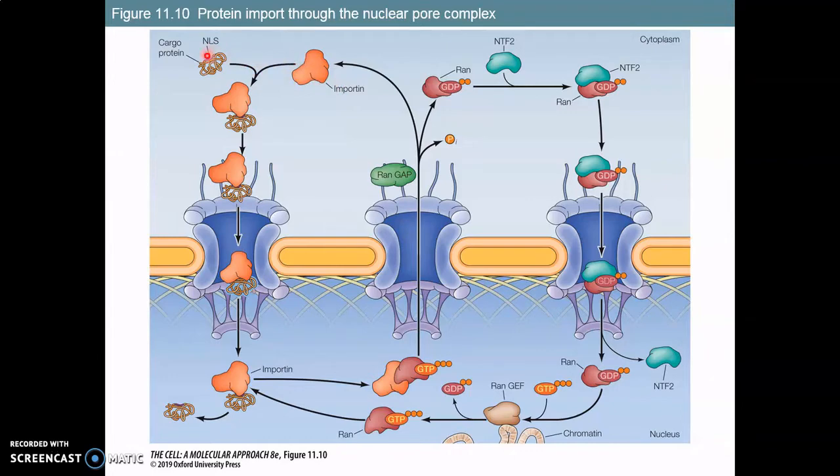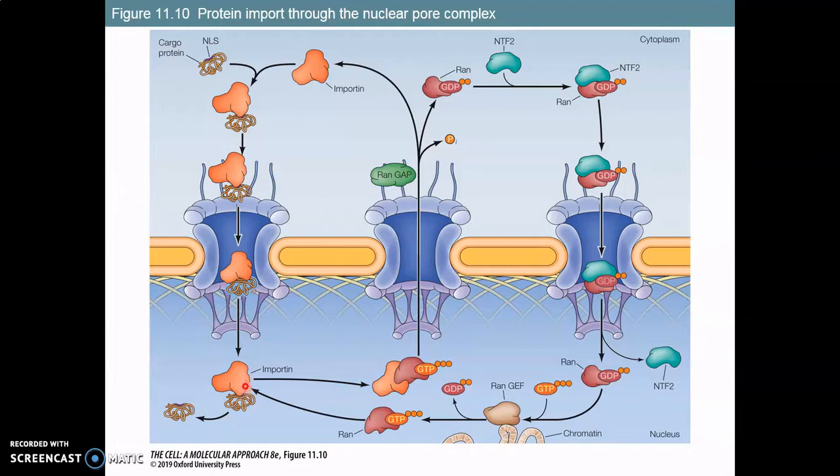So what happens here is it recognizes the nuclear localization signal, they bind together, and if you recall, importin has binding sites for these cytoplasmic tails, so it'll bind to that, stay close by here. Again, it's constantly binding, letting go. It also can recognize the FG nucleoporin gel-like material, and it's recognizing it, binding it, letting it go, binding, letting it go, and sooner or later it can work itself down through.